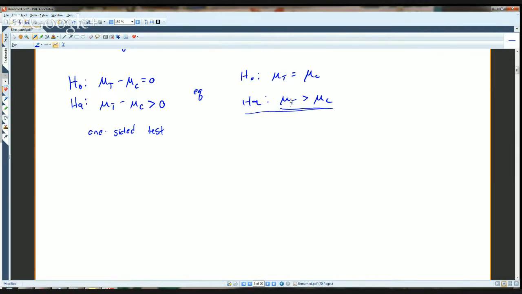However, I would also add that there are cultural conventions that have come about in testing in quite a few scientific literatures and regulatory agencies, where they have procedures even if there's no way that mu T could be less than mu C. There are outlets, such as certain scientific venues, that demand that you do two-sided tests regardless.